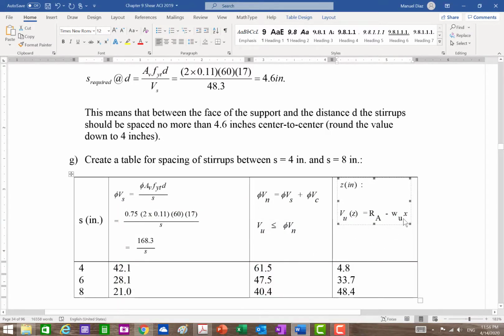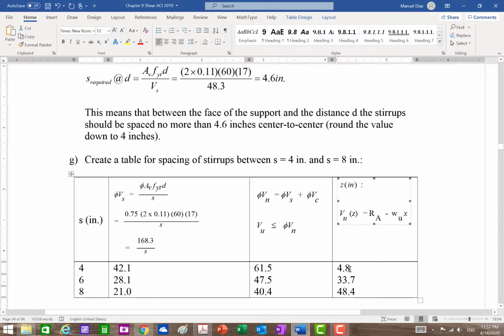Reaction minus w_u X. And we're going to find the distance from the support to where I can make the change, right? So where is 61.5 happening?